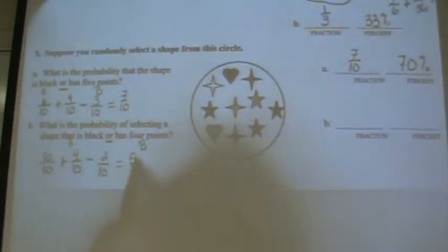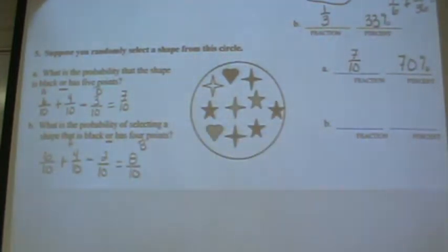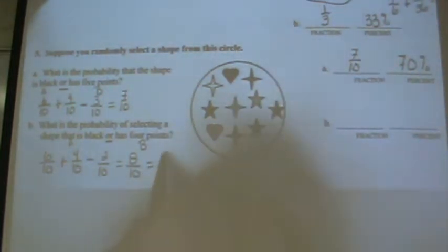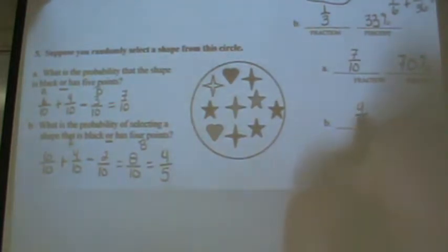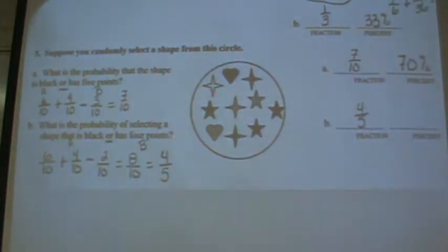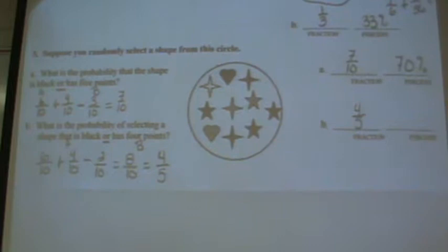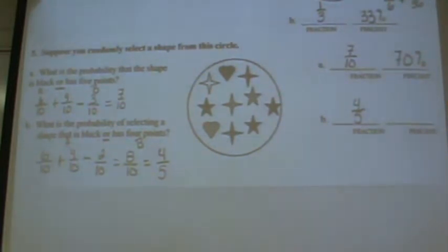So we get 8 over 10. That fraction can be reduced to 4 over 5. So your reduced fraction should be 4 out of 5. And again, we're going to switch that to a decimal and get our percentage. And you should get 80%.